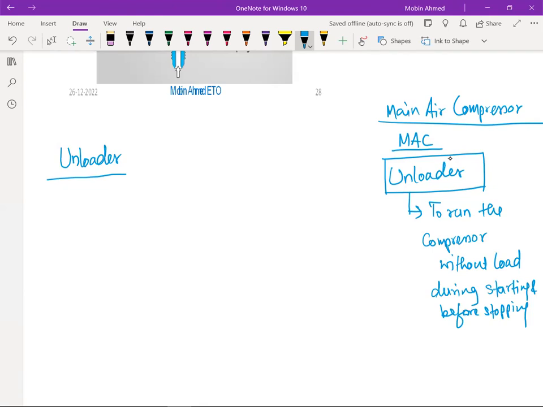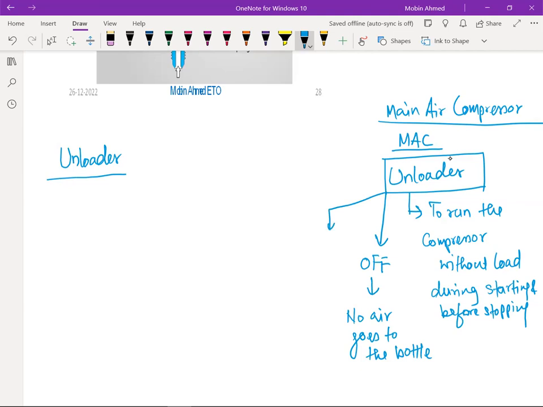Without load means when this unloader is energized, when it is on. First we'll see when it is off, then no air goes to the bottle. No air goes to the bottle. That is the air bottle.